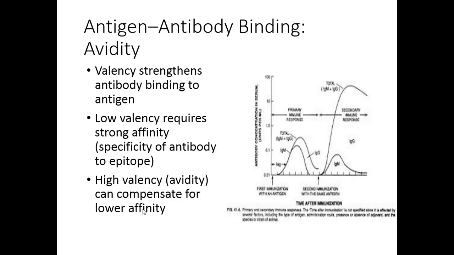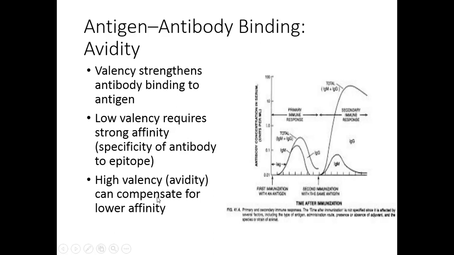You'll be helped to remember this if you can remember what valency means and which molecules have what kind of valency. So remember, in this illustration, IgG has a valency of 2. So if it has a low valency, we have to have a really good specific antibody. IgM, which is created first, has not a great lock and key, but there's tons of valency.